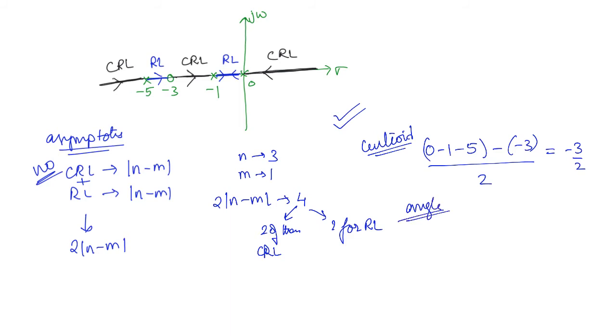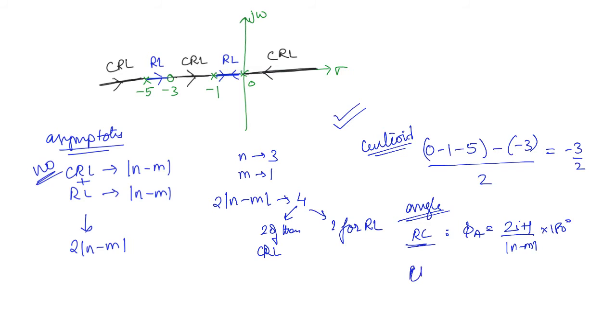Okay, so we saw that for the CRL, the condition of angle is that the angle of G1(s)H1(s) should be equal to an even multiple of 180 degrees. For RL, we have seen that this will be (2i plus 1) divided by mod n minus m into 180 degrees.